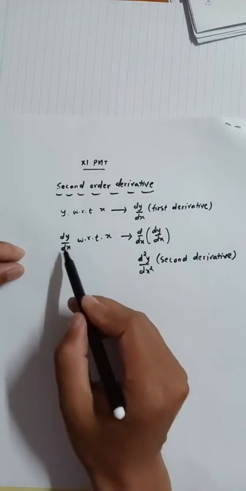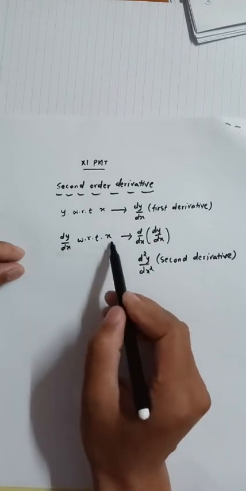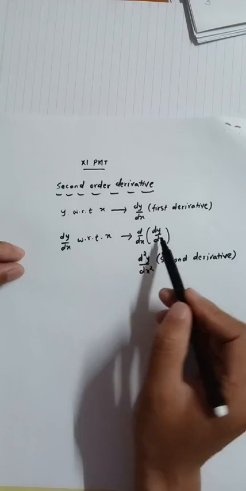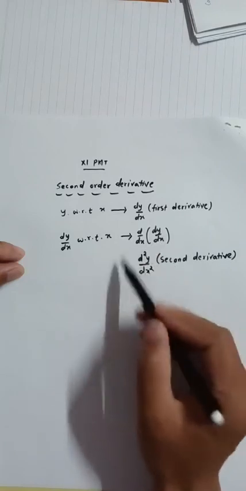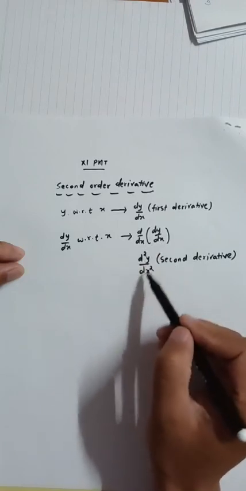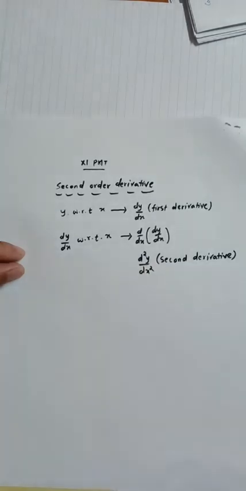When you differentiate your first derivative, this dy over dx, with respect to x, you get the second derivative. The second derivative is represented as d2y by dx square.